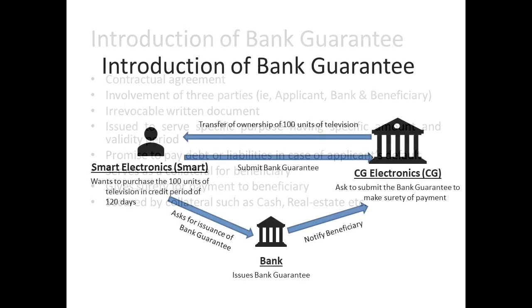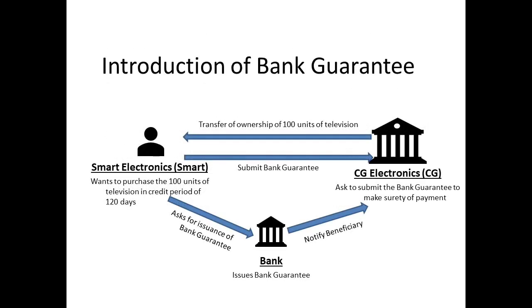Now let's understand it with one example. Smart Electronics, let's call it Smart only, wants to purchase 100 units of smart television amounting to $1 million from CG Electronics, let's call it CG only. However, Smart does not have enough money to purchase and asks CG for a credit period of 120 days.